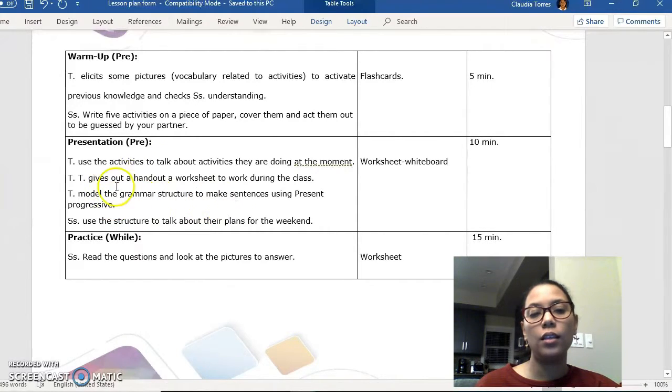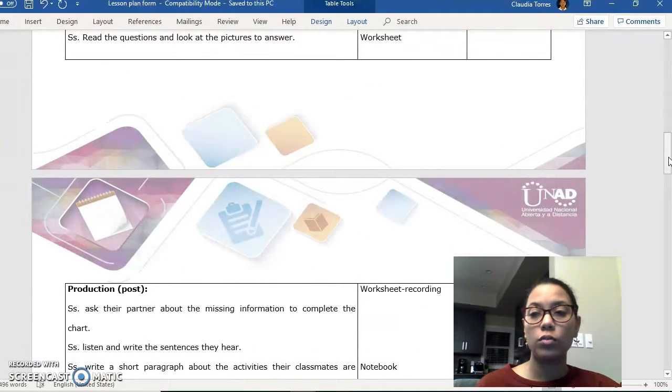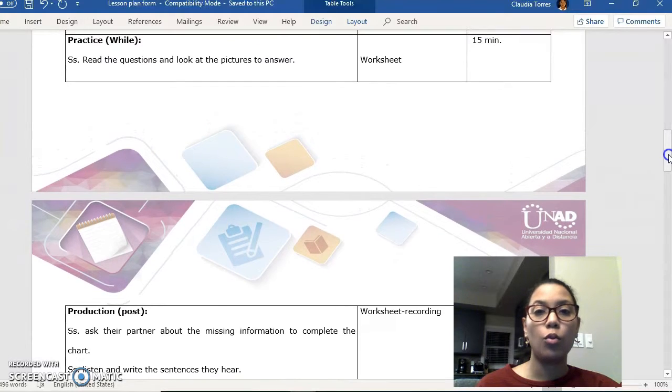So in this stage, I gave them a handout to work during the class, and in that worksheet they will find the grammar structure to make the sentences. And I also asked them to use the grammar structure, to model the grammar structure with new sentences.